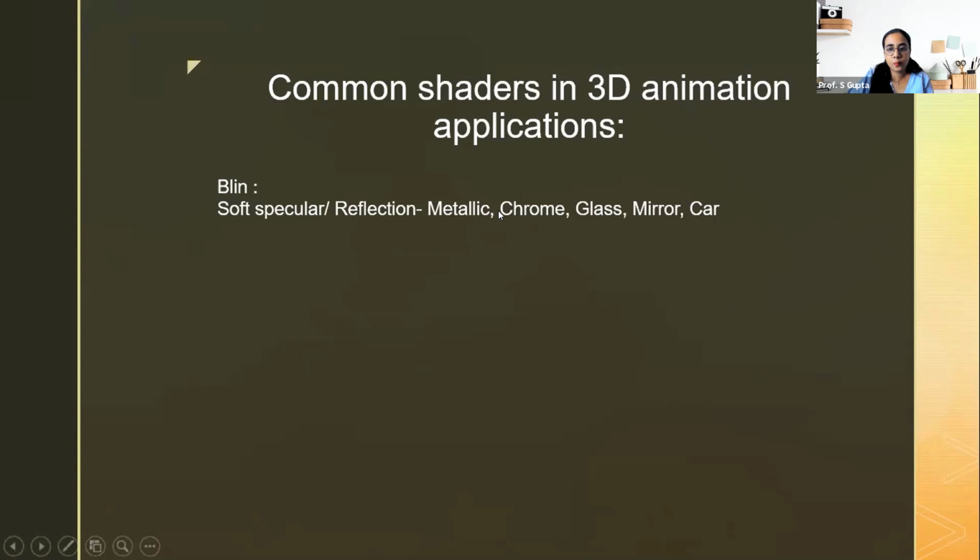So metallic, your chrome. Metal includes not only your steel but also any metal you're thinking about right now: copper, gold, silver, aluminium, anything. Of course, it has a specific amount of roughness, but whenever it comes to reflection and soft specular, we always switch to our Blinn.